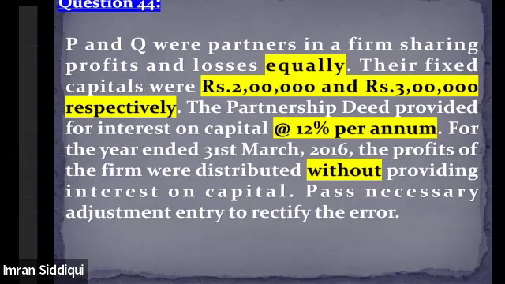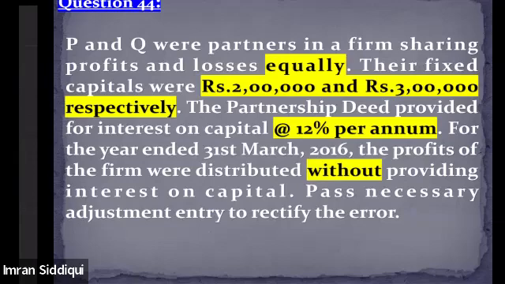Okay, so I'm sure the question is clear to everyone. Question basically says that there were two partners who were sharing profit and losses equally, and their capital information is given. And it further says that they have agreed to get interest on their capital contribution at the rate of 12% per annum. But when the profits were distributed, it was distributed without providing interest on capital.